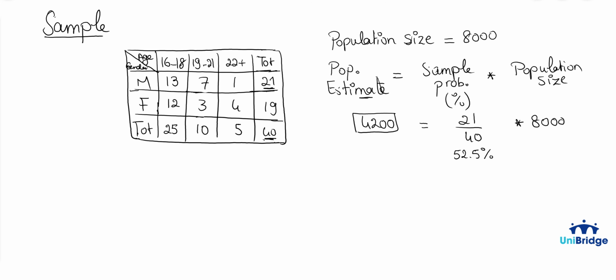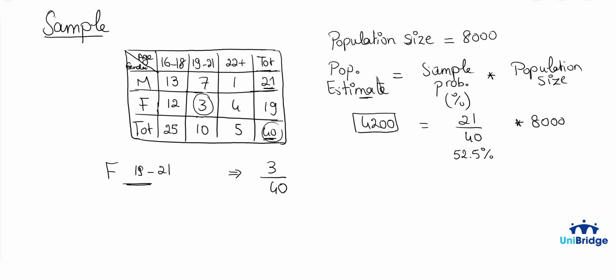So also, let's say this time you want to approximate females who are 19 to 21 in the entire population. So the same rule applies. You're going to see in your sample how many were females from 19 to 21. You had 3 out of 40.